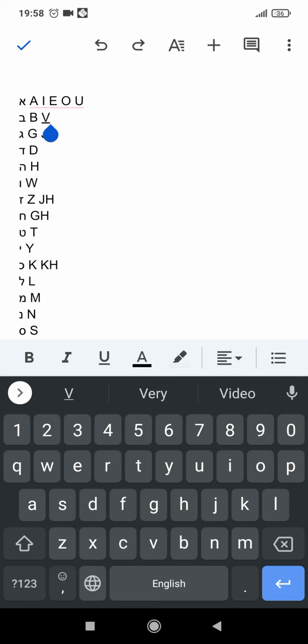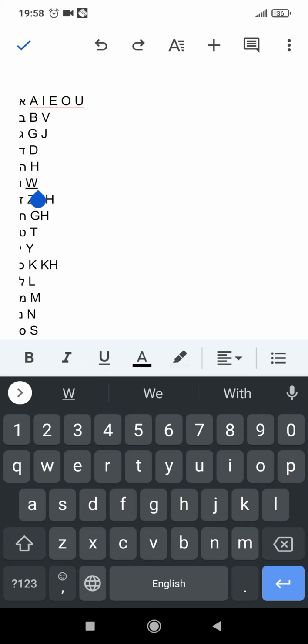Bet can make a B or a V. Gimel can make a G or a J. Also depends on the word. Daled can make only D, that's it. Hey makes a H sound, like Hayom, today, Hayom.